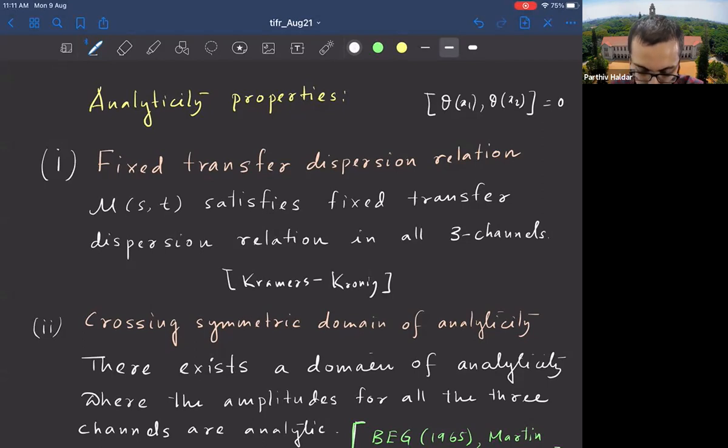It was in the 50s when people tried to see whether such a dispersive representation can be obtained for scattering amplitudes, which is the MST.